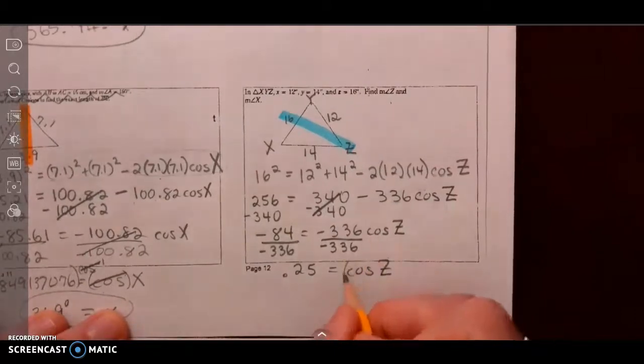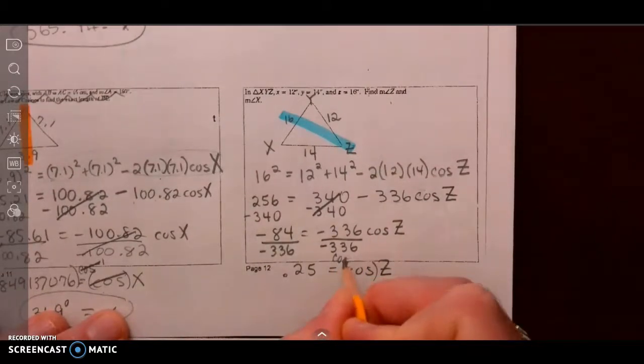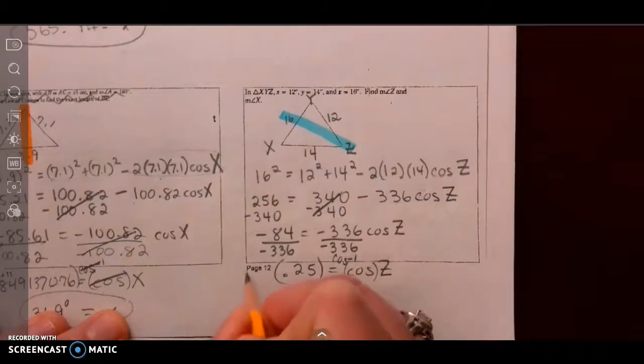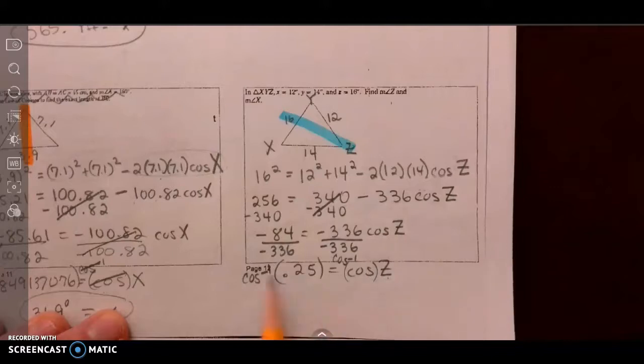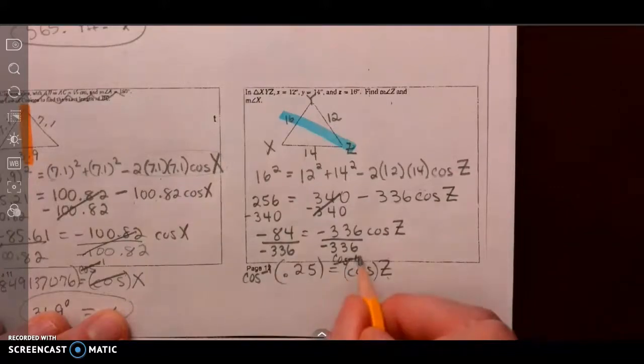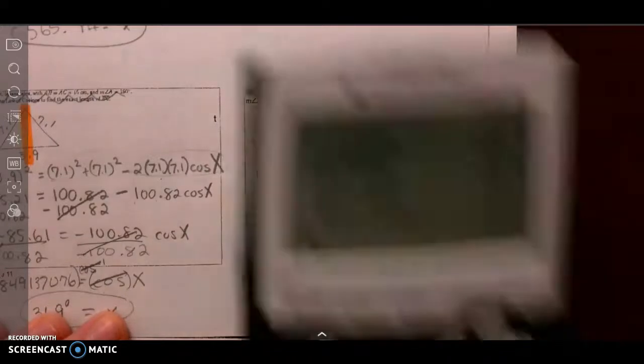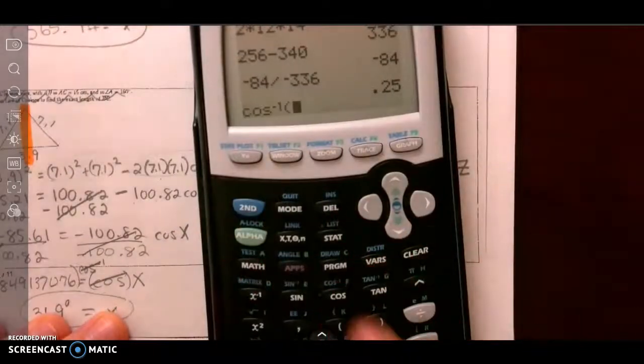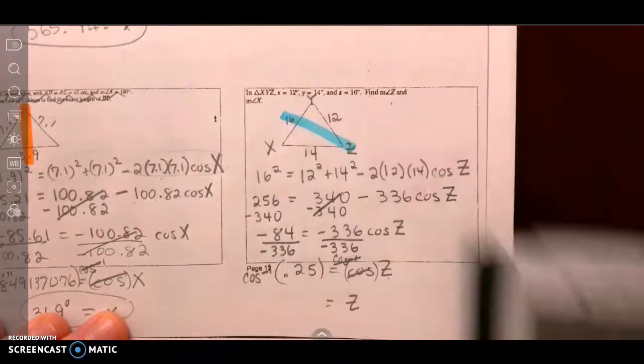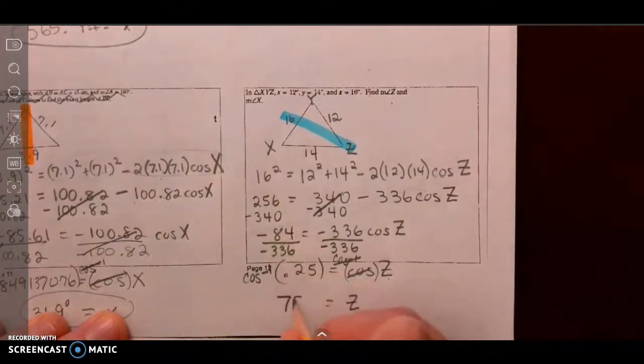Got to get rid of that cosine, so I'm going to take the inverse of both sides, which I knew, because to find an angle, we need an inverse cosine, so z equals inverse cosine of 0.25. It's approximately 75.5 degrees.